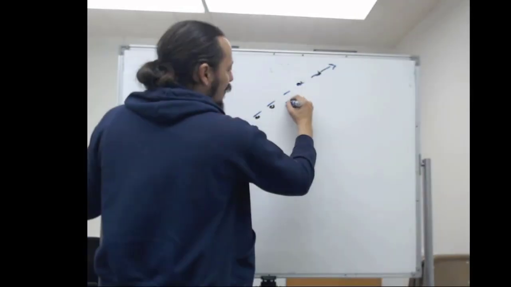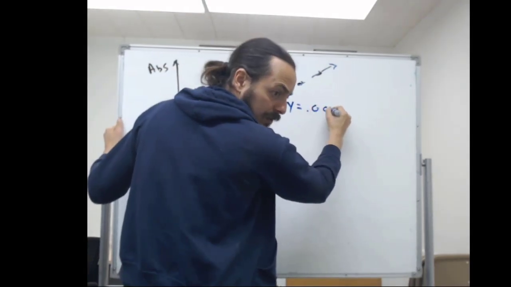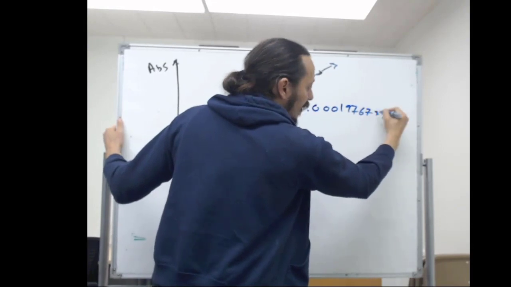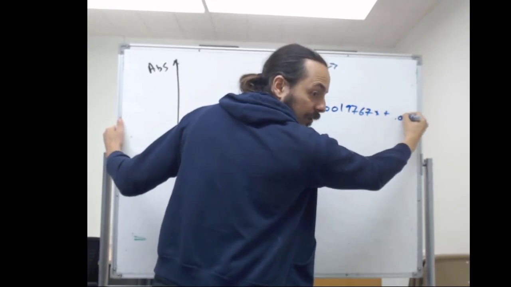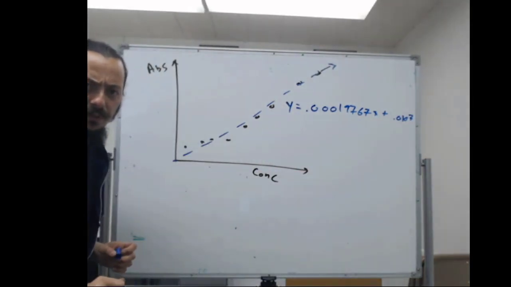And we've got an equation for that of y equals 0.12377x plus 0.0107. Those are the numbers I have. I don't know if you have the same numbers.